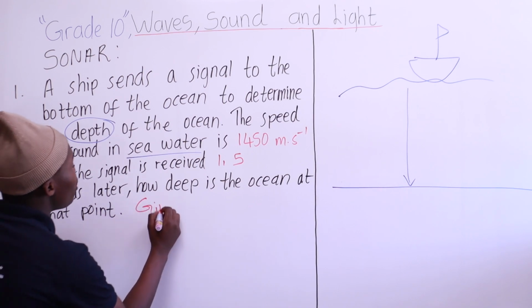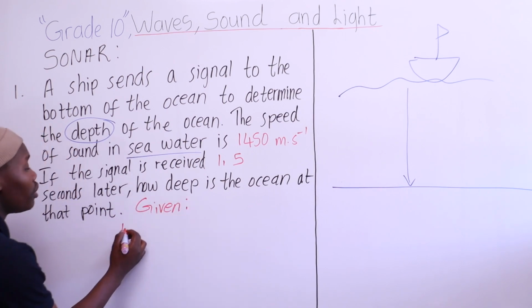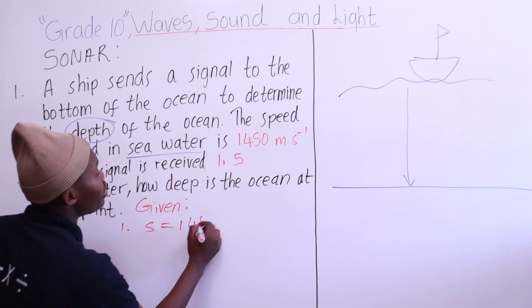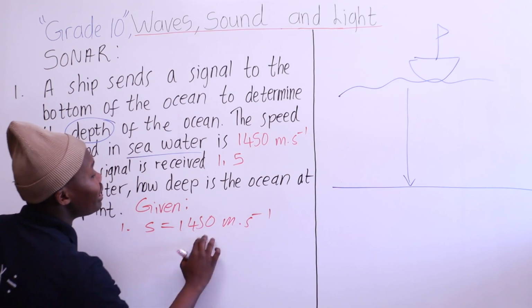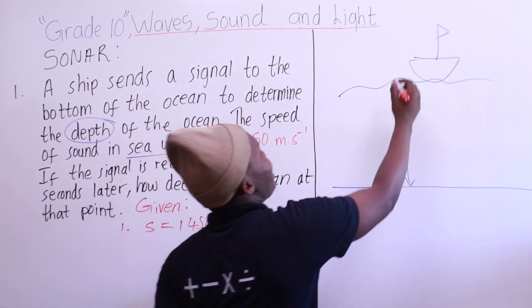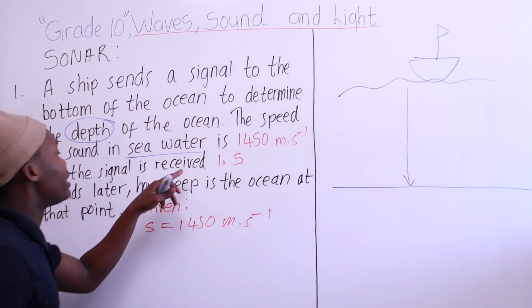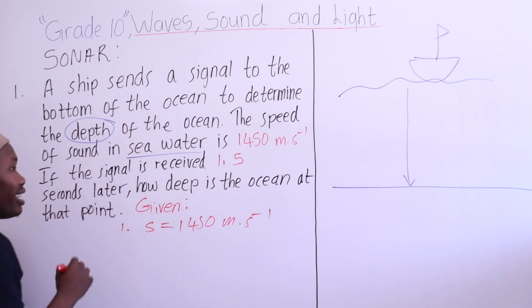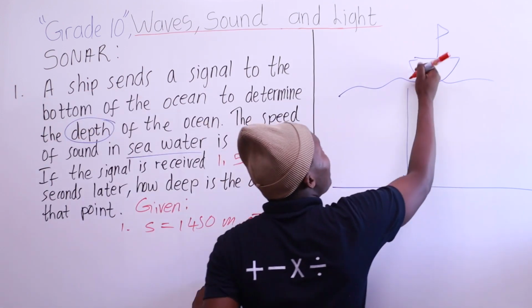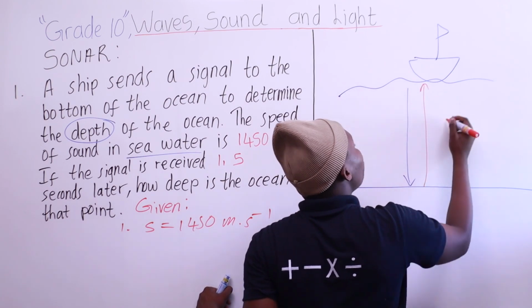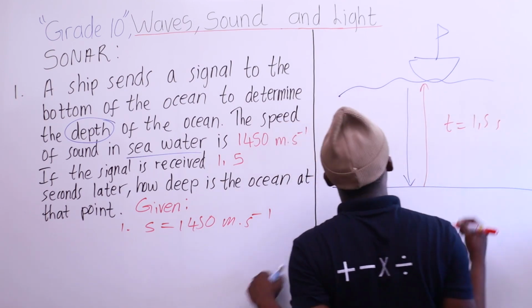So let us write it down. Given number 1: the speed of sound is 1450 meters per second. The unit is the right unit. If the signal is received 1.5 seconds later, how deep is the ocean at that point? So the signal goes down and comes back, and it takes 1.5 seconds.